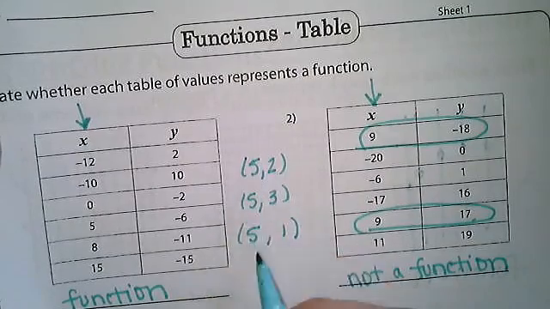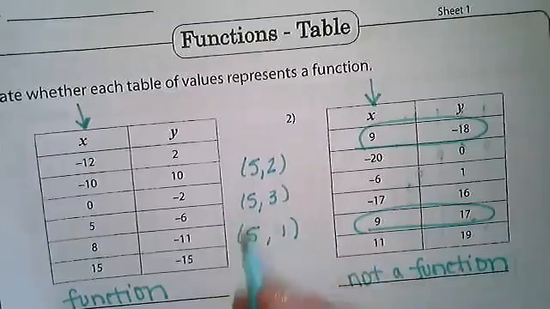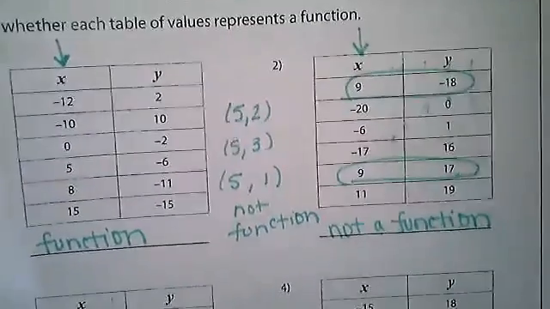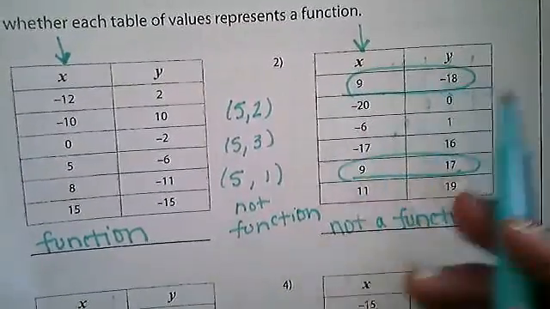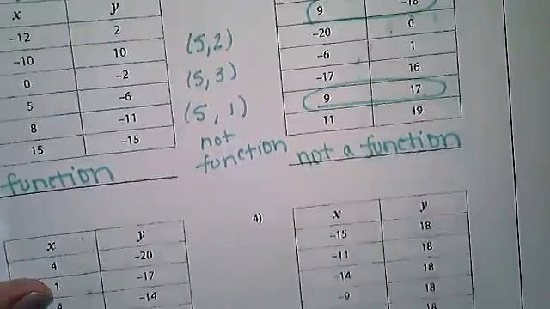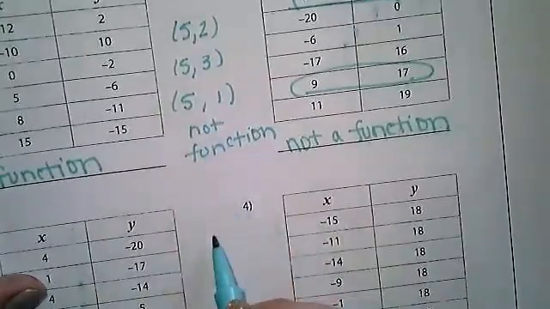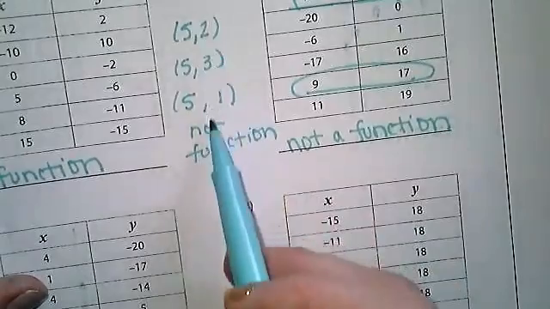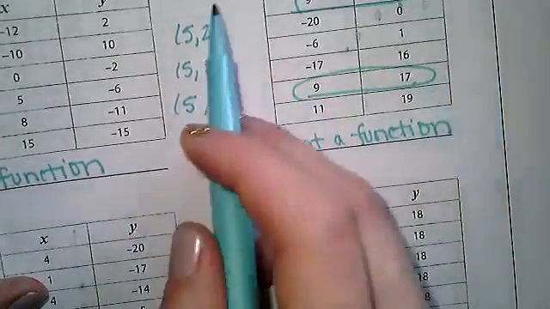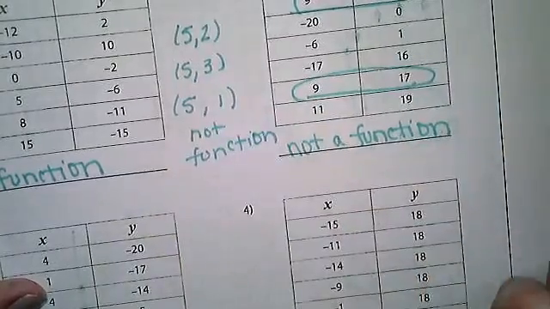Since you have all these repeating x's and they're with different y's, this would be not a function. Sometimes you'll have just coordinates listed, and I don't think I have you do a practice sheet on it since tables and coordinates are so similar. But just know that it's okay if the x value repeats. For instance, if these were all the same number, like 5, 2, 5, 2, 5, 2, that would be a function. But when they're different numbers, it's not. So keep that in mind.